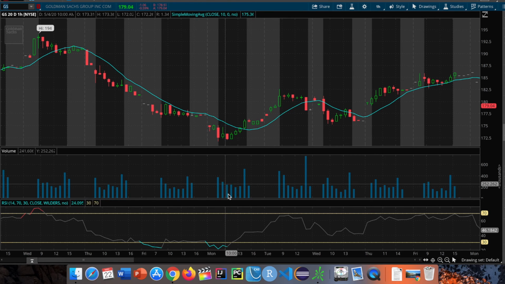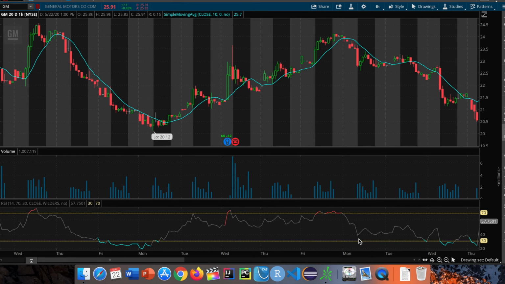Once this oversold condition is signaled, you can confirm it once the price breaks the SMA line and goes above it, and uses it as a support zone. So the RSI is very powerful once it is paired with other indicators in order to confirm your trades and judgments on the potential of a stock either going up or down, and it helps you confirm certain trades in order to use your own buy and sell signals.